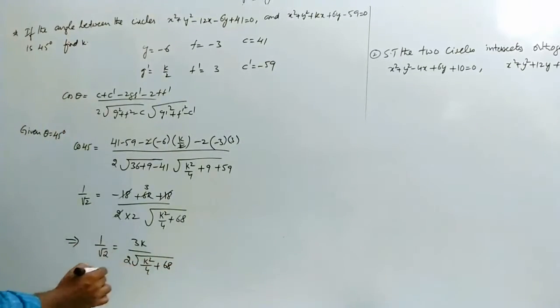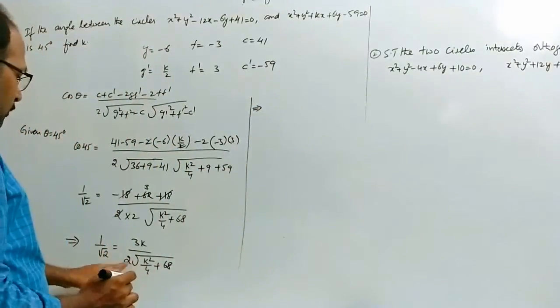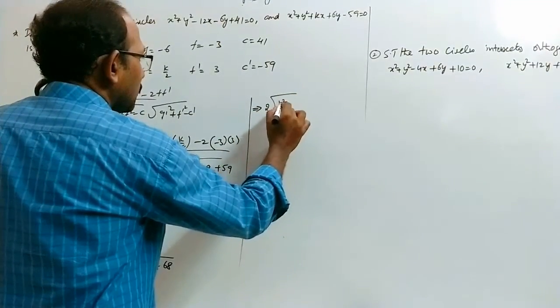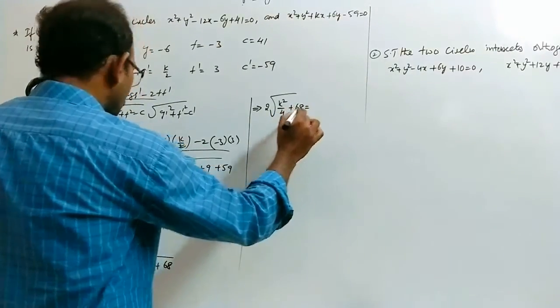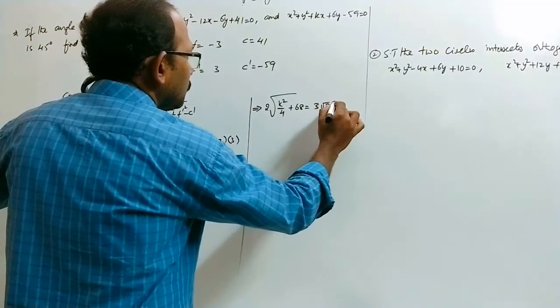Now cross multiplication, that implies now this one to LHS: 2 into root of k square by 4 plus 68 is equal to here 3 root 2 k, 3 into root 2 into k.